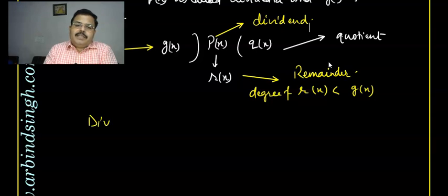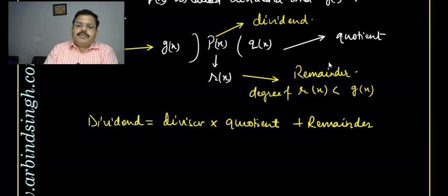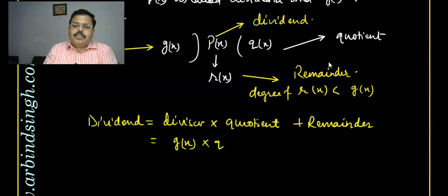So dividend is equal to divisor multiplied by quotient plus remainder function. You have heard it since childhood. So divisor is G(x), quotient is Q(x), remainder is R(x), and the dividend is P(x).